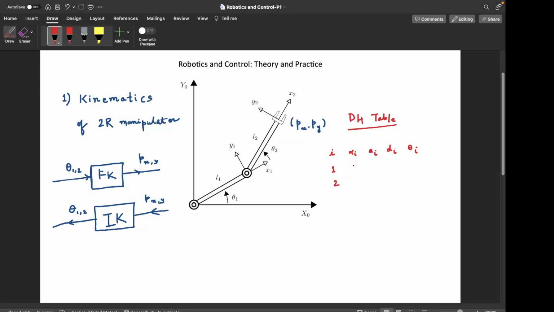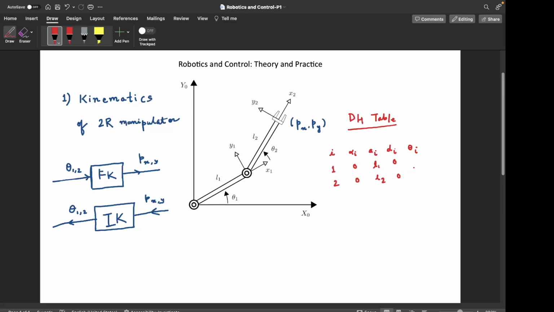So the twist is 0 because all the rotation axes are parallel basically, and the link lengths are L1 and L2. There is no joint offset also.